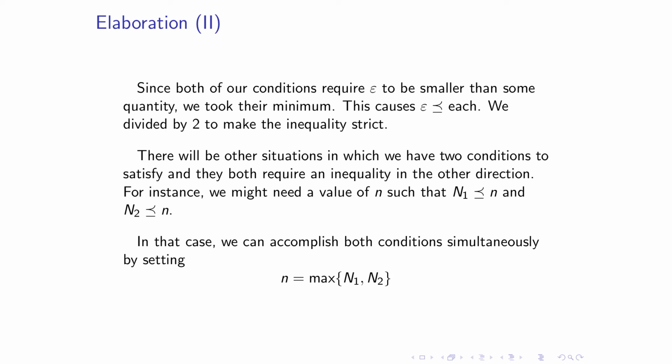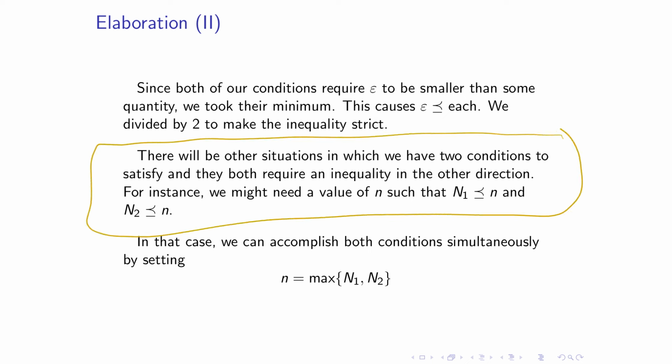Now, there will also be situations coming up frequently when we don't want some quantity to be small, like we don't want epsilon to be small. Often it's a natural number, for reasons that we'll see later on, that we would like to be large, right? So we might have two conditions where we want to pick a natural number n, subject to the condition that it is bigger than this other natural number, n1.